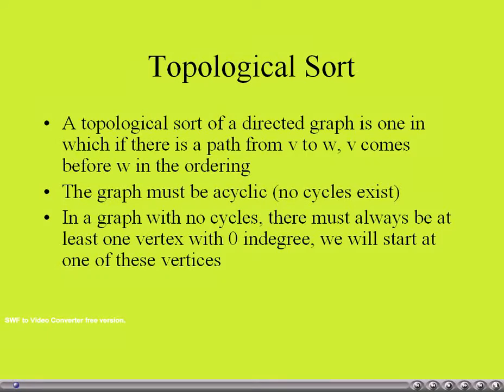One can say the topological sort of a directed graph is one in which if there is a path from vertex V to vertex W, V comes before W in the ordering.